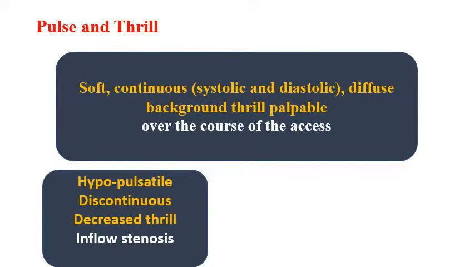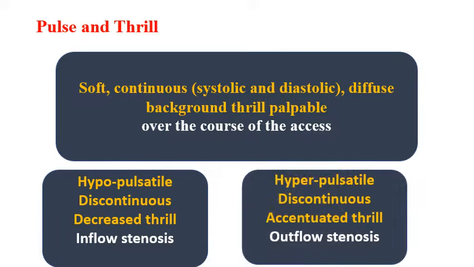But if the pulse is low or hypopulsatile, discontinuous, and the thrill is not felt well, this means there is inflow stenosis over the artery taking the blood to this fistula.